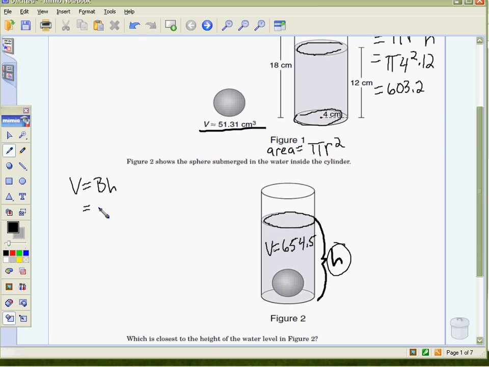We've already determined the area of the base is pi r squared, then times the height. And we've already determined that my base doesn't change. The water level is just going to get higher. So my radius is still 4 times the height, which we don't know, but we do know this volume here. It's 654.5.